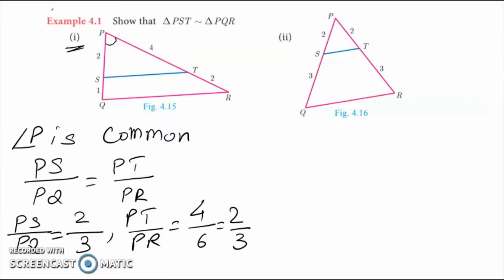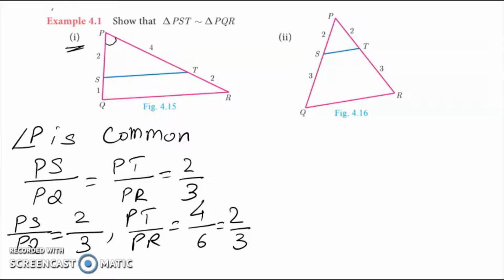So we can now say, sorry, PS by PQ is equal to PT by PR. They are both equal to 2 by 3. Therefore, triangle PST is similar to triangle PQR in the first triangle.